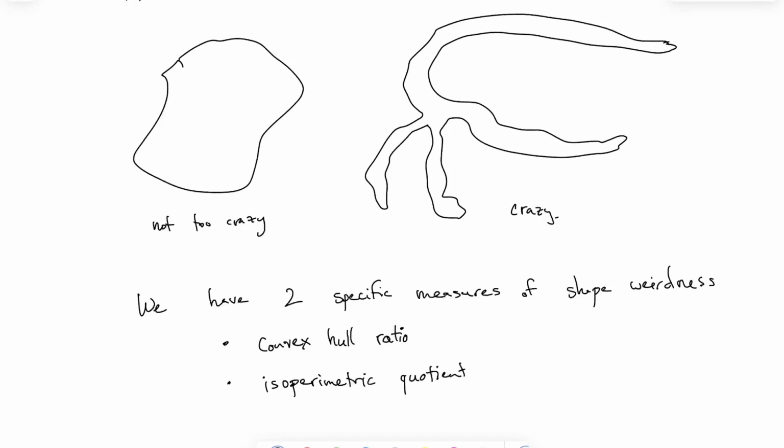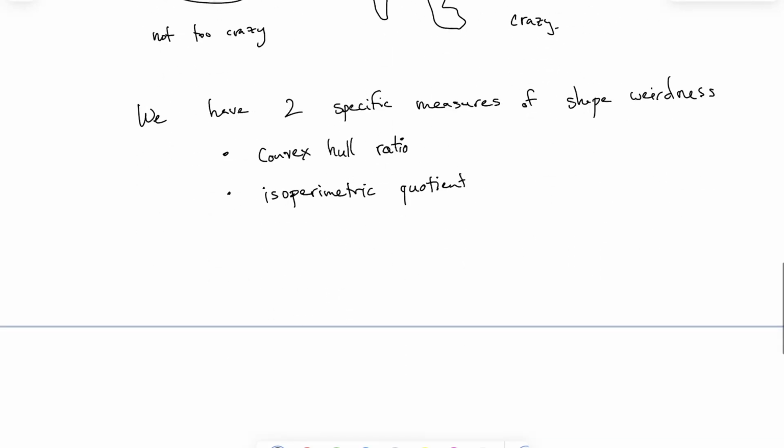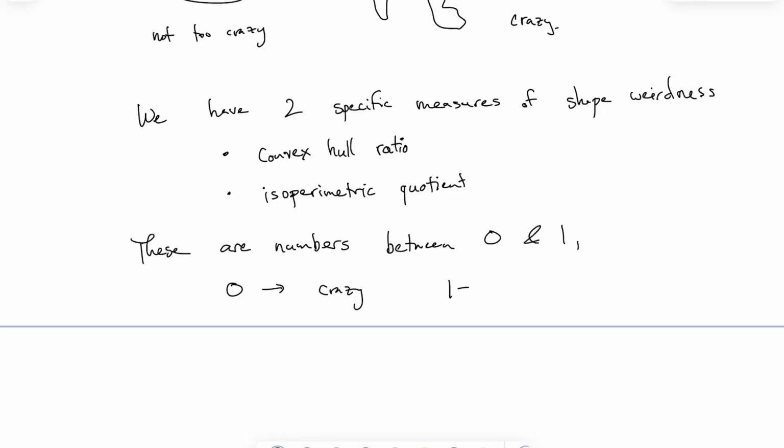So these are specific numbers between 0 and 1. 0 means crazy, and 1 means totally ordinary.